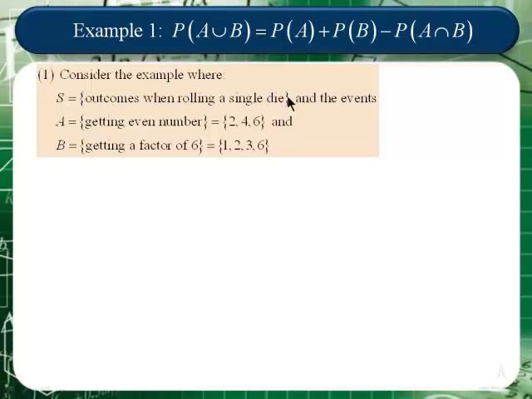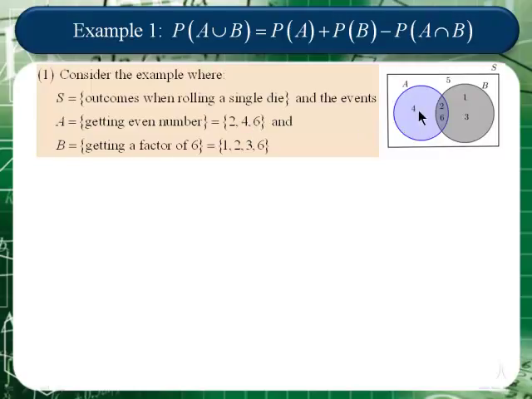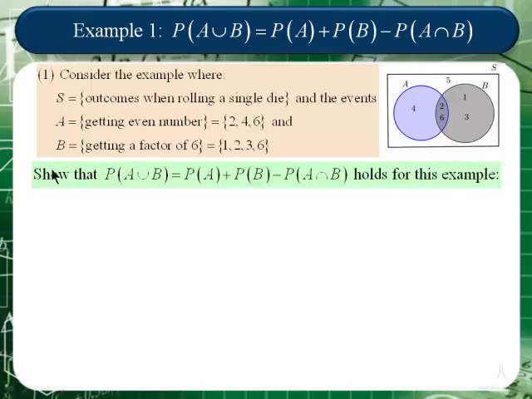Now let's pick the following example that we had before, where S is the set containing the outcomes when rolling a single die, and the events A being getting an even number and B getting a factor of 6. We've made a sketch earlier of this particular situation, and we find that the two events have something in common. Now we want to show that this particular identity will hold for this example.